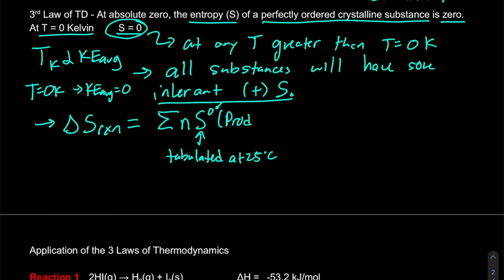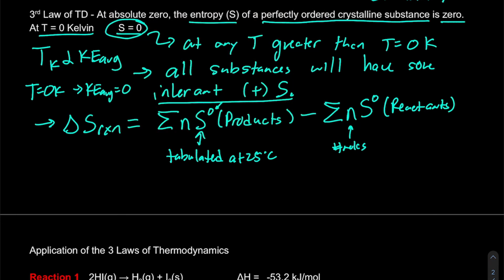Sigma represents the sum of, and n is the number of moles of each reactant or product, times the standard entropy. We can think of this as basically the final entropy minus the initial entropy of our system. So we're able to quantify our entropy change by looking at the entropy that we end up with minus the entropy we started with.